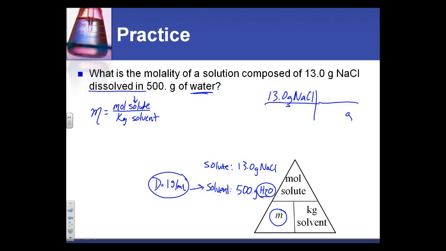Grams are here, so grams have to go over here, and it's 58.44 grams in 1 mole of sodium chloride. Grams cancel out. 13 divided by 58.44, and I need 3 sig figs because I want to maintain the same number of sig figs. So 0.222 moles of my solute. All right, so that's going to go right here.